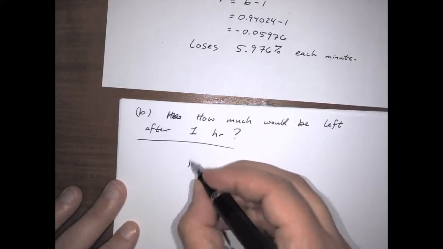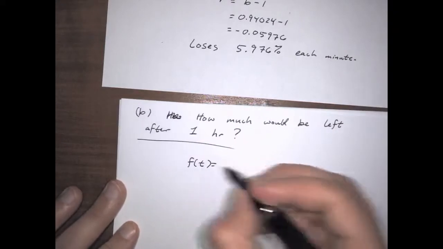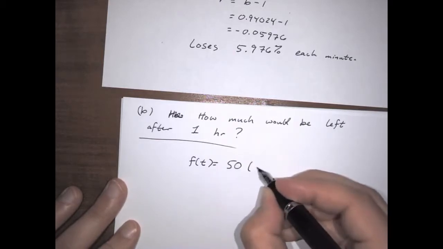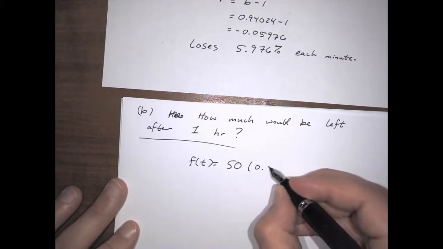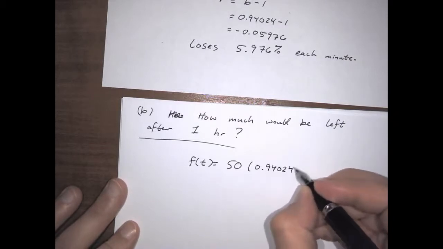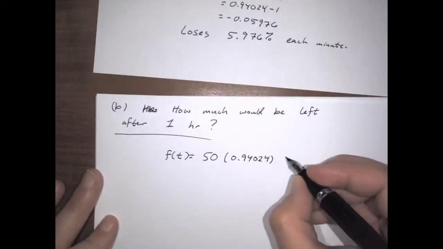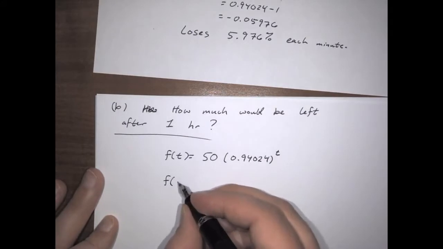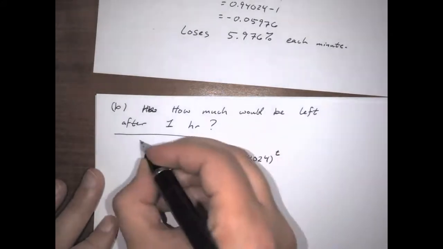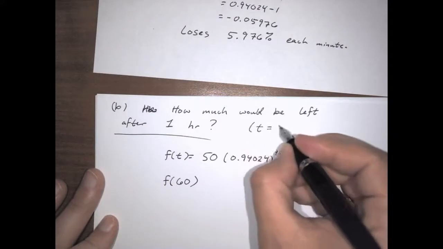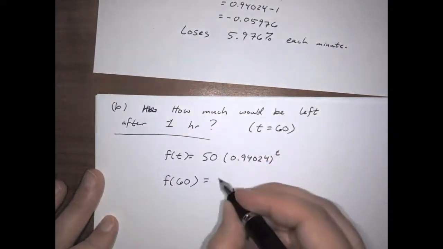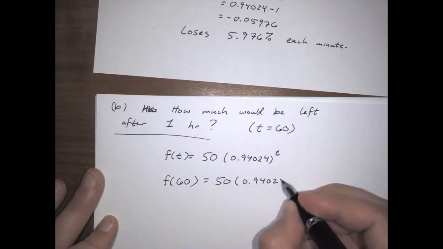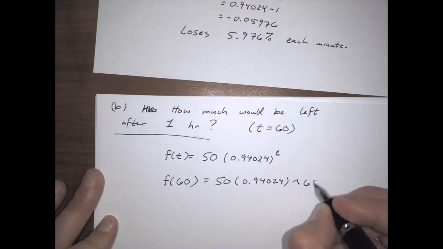So putting the pieces together, we already know that f of t is equal to 50 was the a that we found, and the b we scratched together, 0.94024 to the power of t, and here it would be asking us 60 minutes down the road for 1 hour. So that's going to be 50 times 0.94024 to the power of 60.